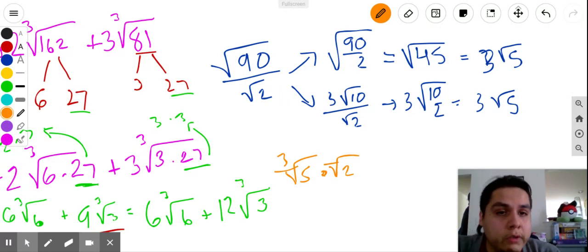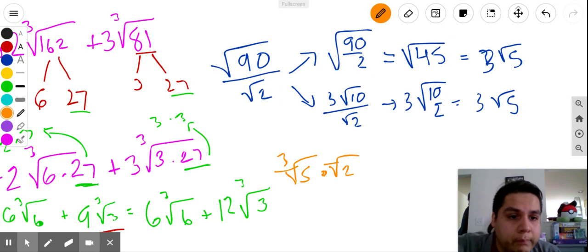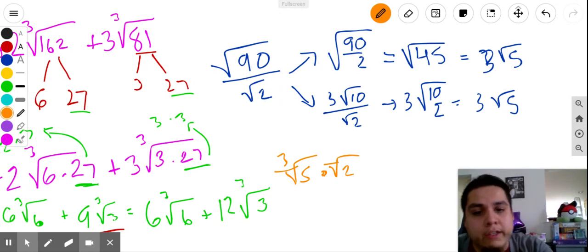If you wanted to, you could rewrite them to have the same index underneath, right? This would be like the 6th root of 25.